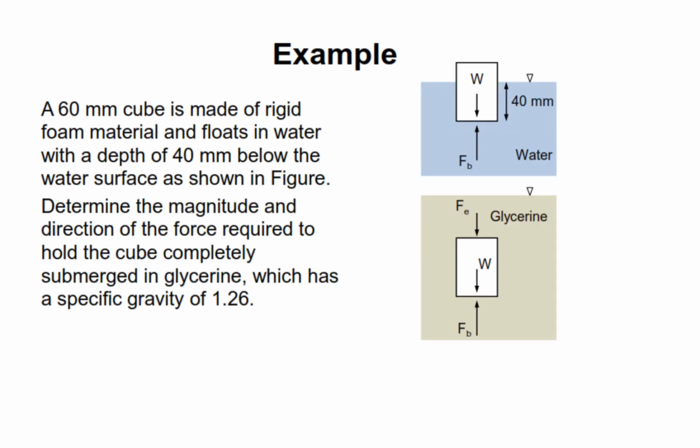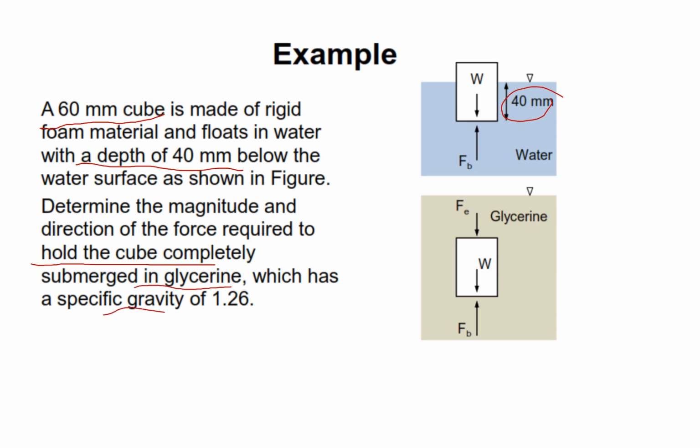Okay, let's go through another example. We have a 60 millimeter cube, meaning a cube has the same measurement for length, width and also height. And then the cube is immersed in water to a depth of 40 millimeter, from this picture. Then determine the magnitude and direction of the force required to hold the cube when we place the cube in glycerin.